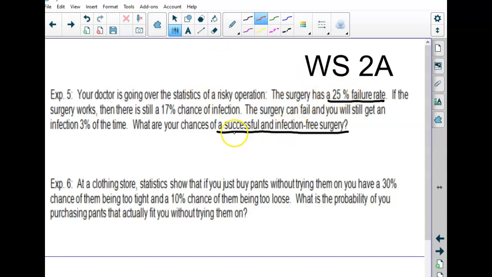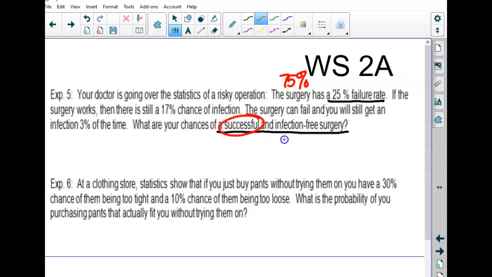If we want a successful surgery, what rate of success is that, guys? Yes, good job. 75% successful. And if it is successful, what is the chance?